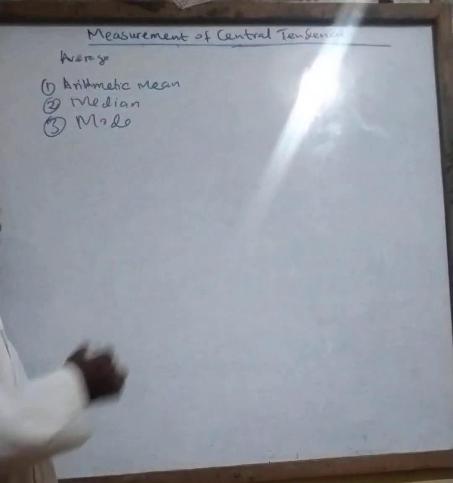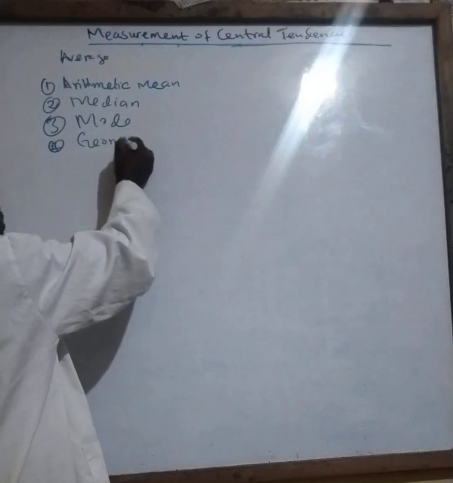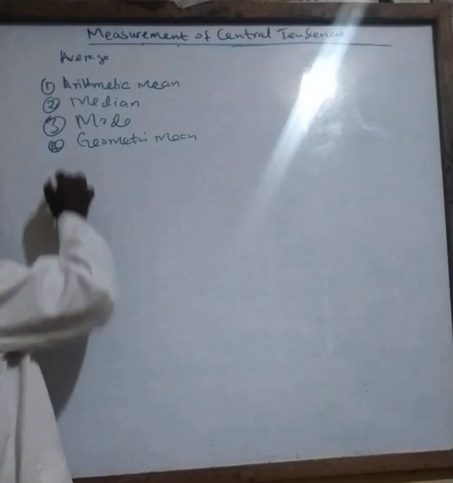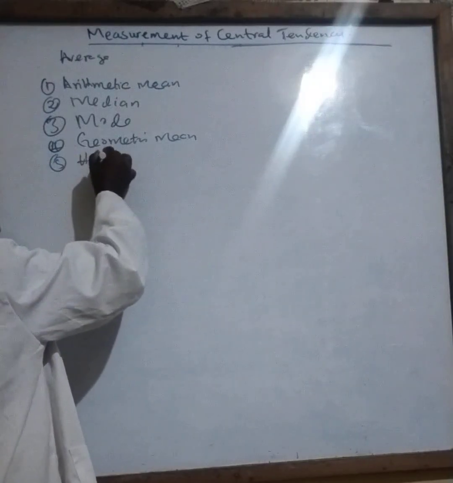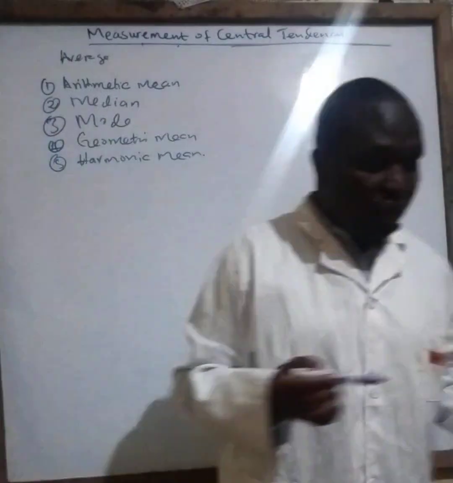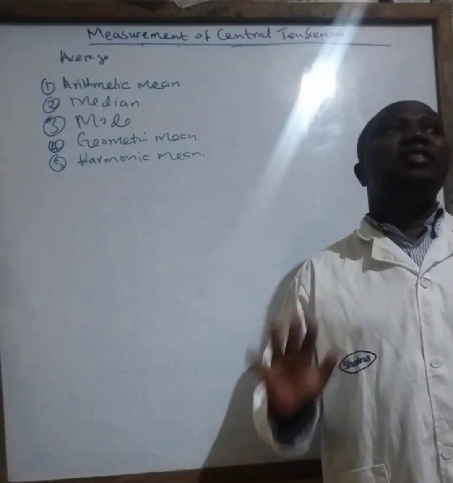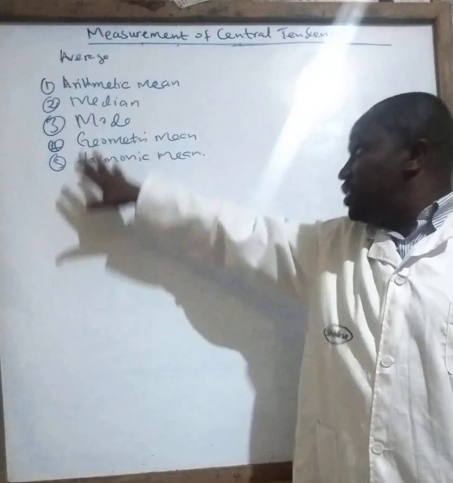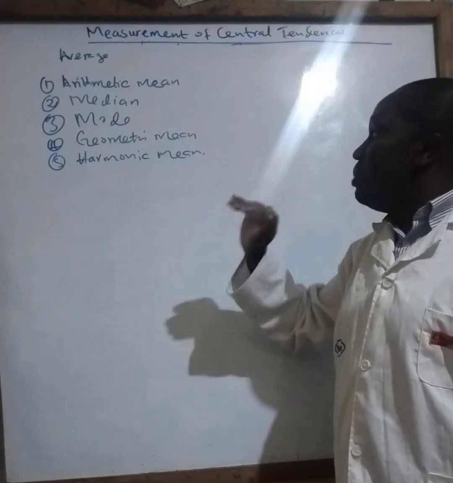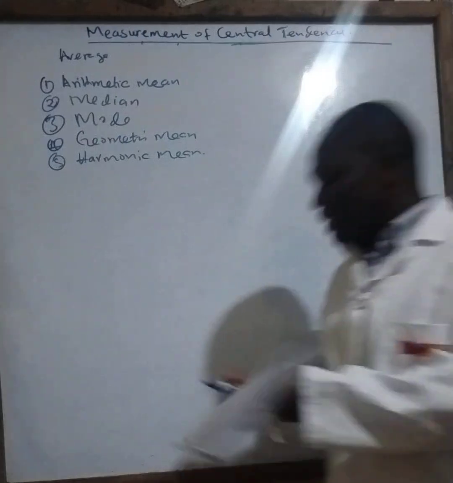The fourth one is the geometric mean. And the last one, number 5, is the harmonic mean. These 5 types of averages are very important in statistics, and they help us to summarize the entire problem by getting the mean, median, mode, geometric mean, and harmonic mean. So there are 5 central tendencies. Let's discuss them one by one.